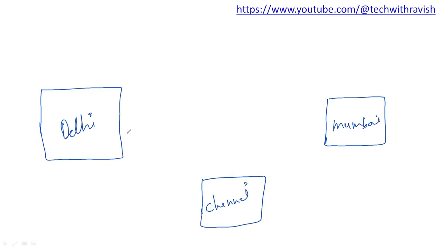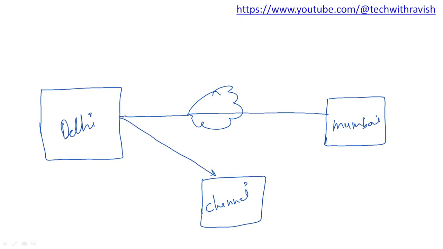If you want to forward your information between these locations via the internet, what will happen? This is our internet by which I can share the information between these locations, right or not? Like Delhi to Mumbai or Delhi to Chennai or Chennai to Mumbai. This is how we can forward the data, and we have an internet connection between them.